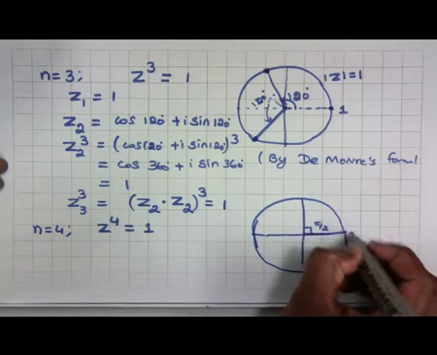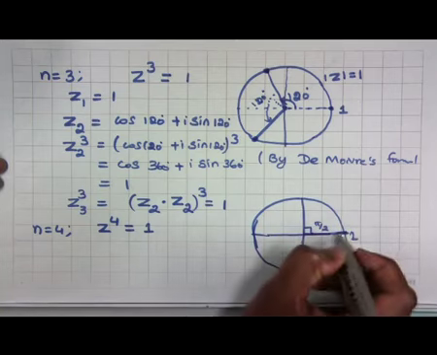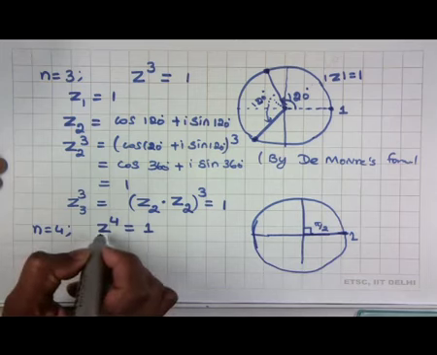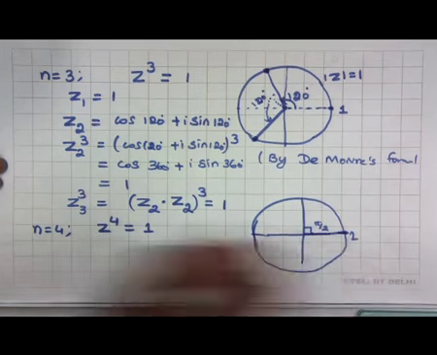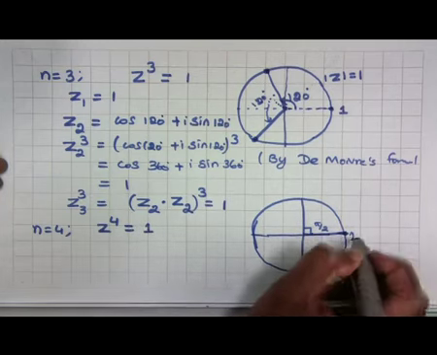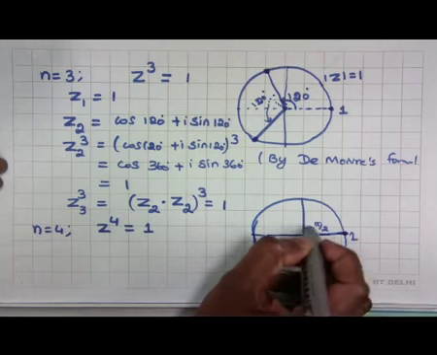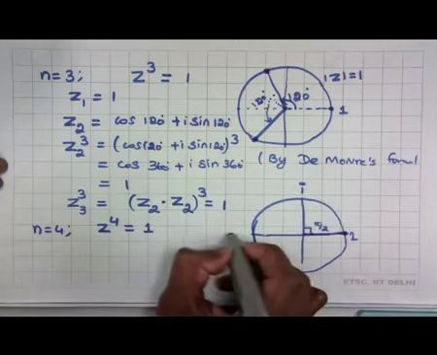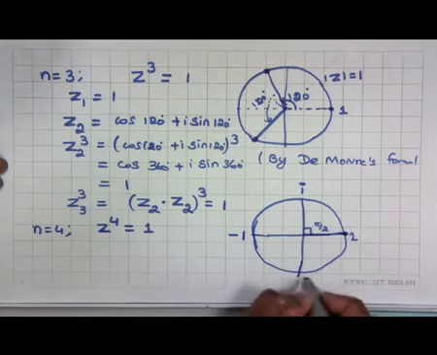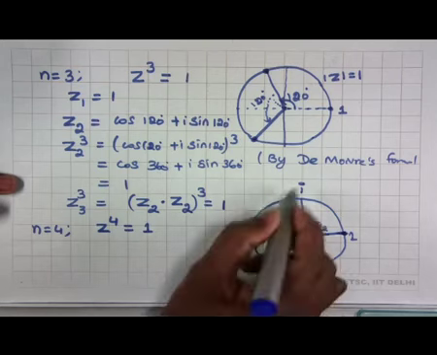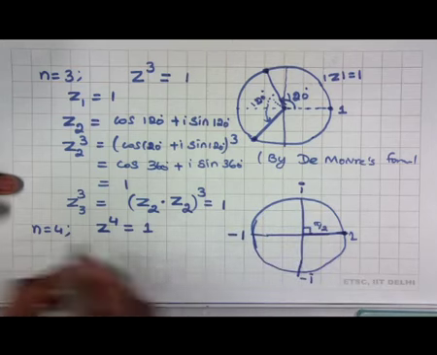By default, when you take Z1 as 1, it always satisfies this equation. Further we add pi by 2, which is i, and then minus 1 and minus i, and we can easily verify that their fourth power gives 1.